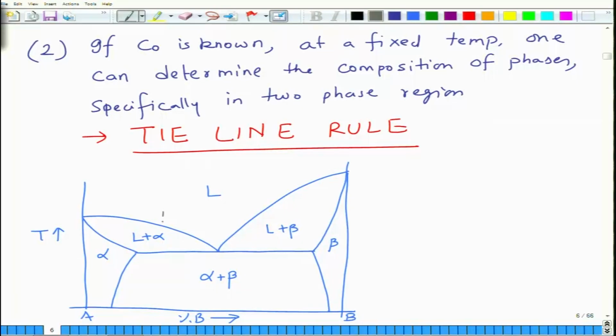Okay, so let's say the alloy composition is this, C0.